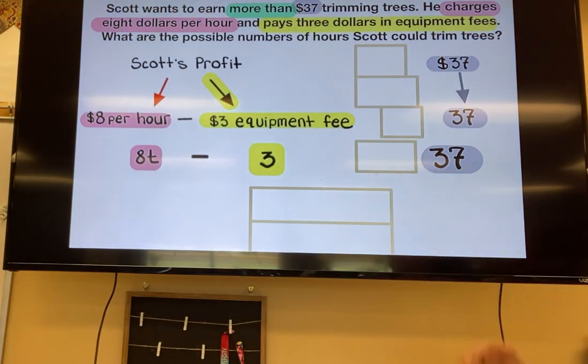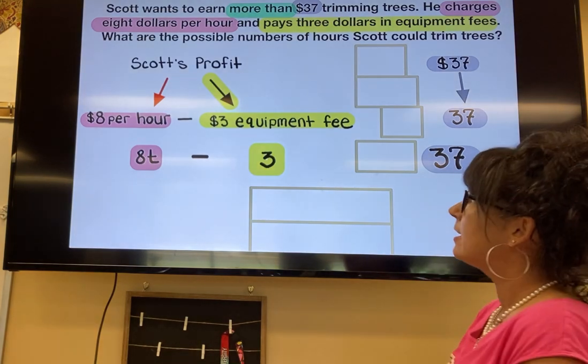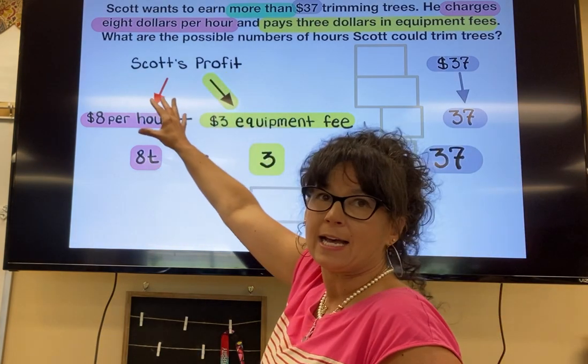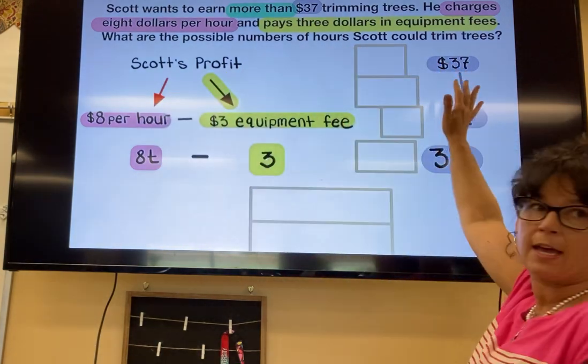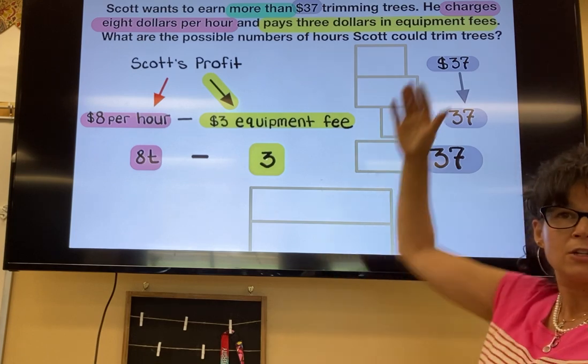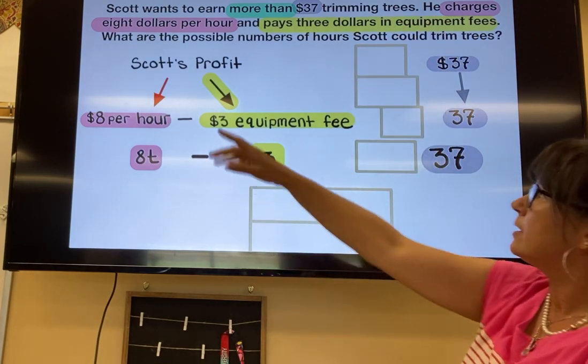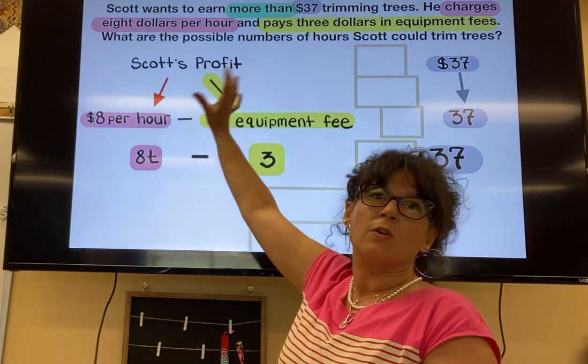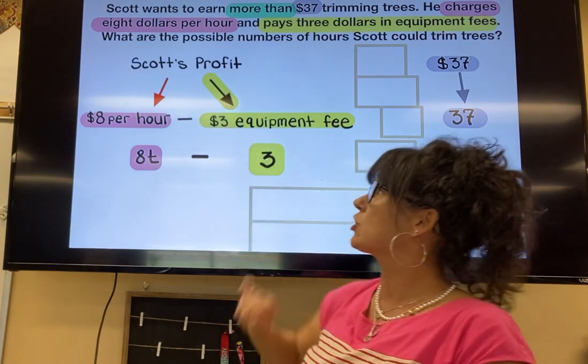The question is, which side is bigger? If he wants to earn more than 37, then the amount he has needs to be bigger than 37. So the alligator eats the big one. So Scott's money over here is going to be the larger side.